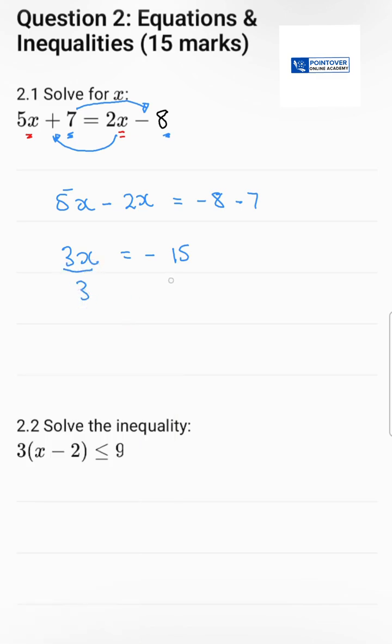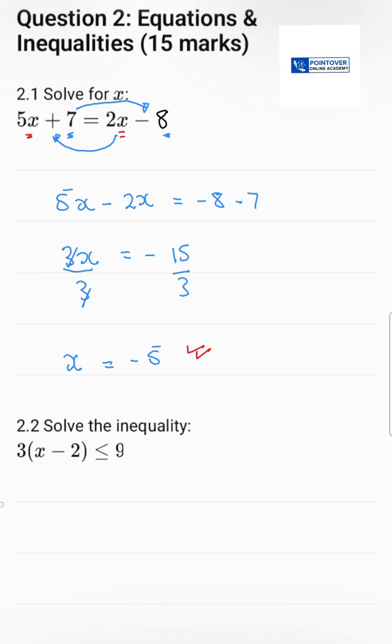So divide both sides by positive 3. This 3 and this 3 will cancel out, and we'll have x equals negative 15 divided by 3, which leaves us with negative 5. Easy. All right, so this is our answer.